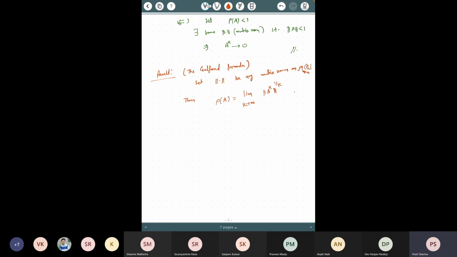If you take some simple matrix norm for which finding it is easy, and we find the limit on the right hand side, then this formula says that this limit is equal to the largest eigenvalue of A in modulus. So without actually finding the eigenvalues, we can tell what the spectral radius is using this result. Okay.